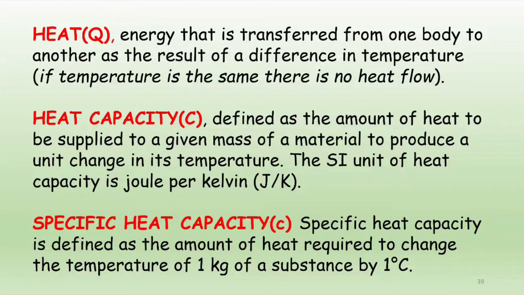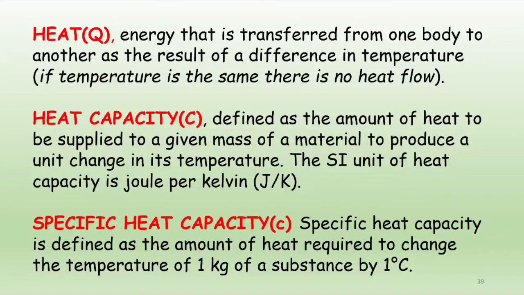Here are some terms that you need to know to understand calorimetry. Heat is energy that is transferred from one body to another as the result of a difference in temperature. If the temperature of the two bodies is the same, there is no heat flow.